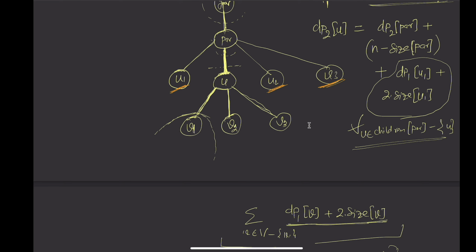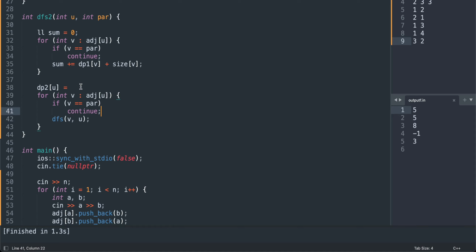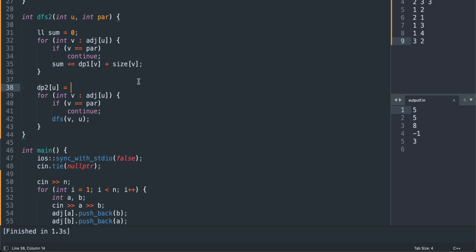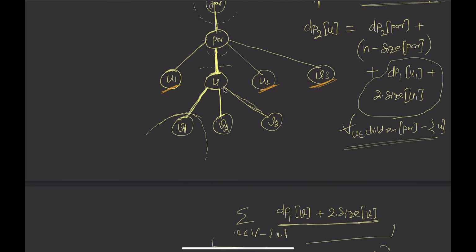So we can say dp2 of u is nothing but dp2 of parent, what if parent is -1, plus the total size, that means n minus total size minus size of parent. dp2 of parent is this value coming from this edge, plus the total increment will be n minus size of parent.